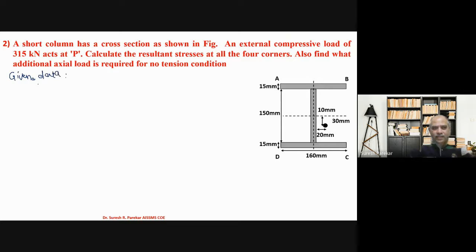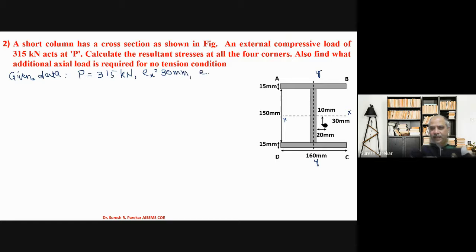and then we have P equal to 315 kilonewtons. Then we have this as Xx, and then we have this as Yy. Then we have Ex, that is equal to 30 millimeters.